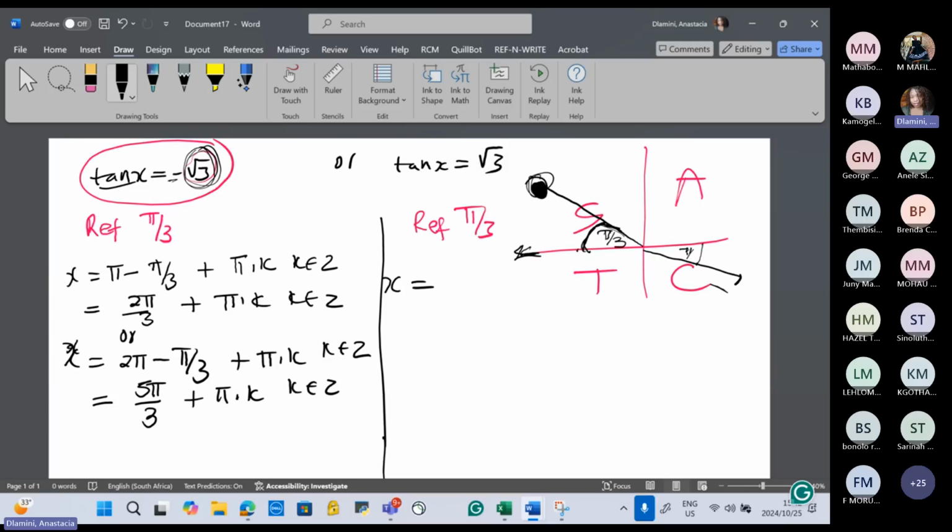In the first quadrant, our angle will be π/3, and then in the third quadrant, π plus π/3.